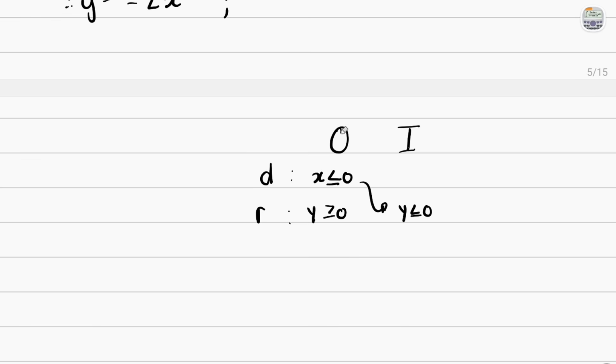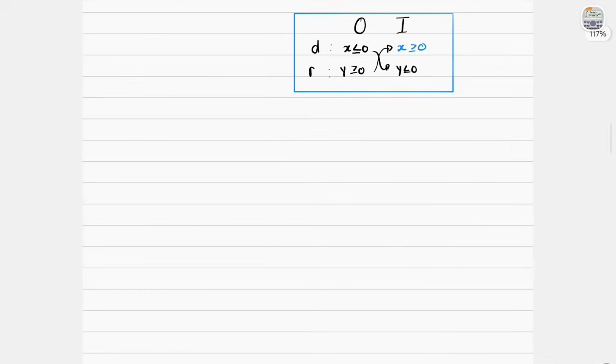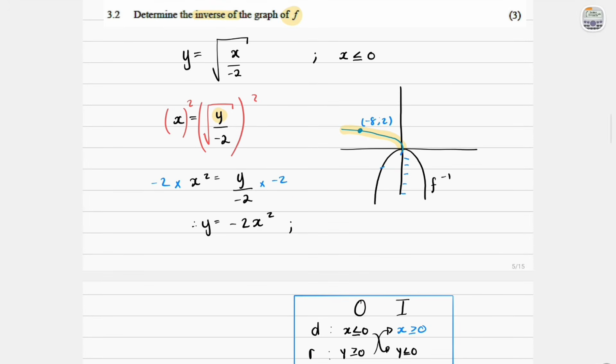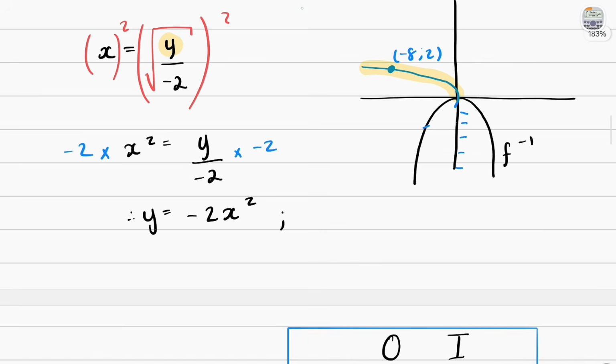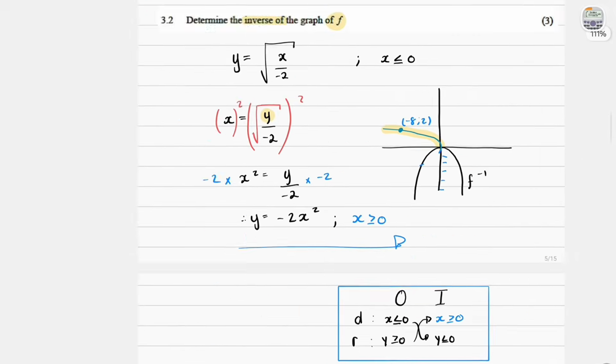And if the original's range was y is greater than or equal to 0, this will make the inverse's domain x is greater than or equal to 0. This is something that you need to always keep in mind with the inverse function and the original. So all this means is that this is where this graph exists, specifically where x is greater than or equal to 0. And this is our answer.